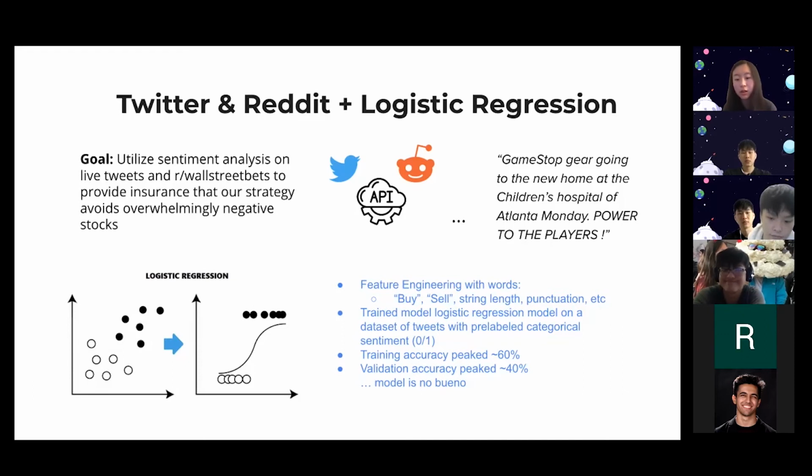We trained a logistic regression model on this using a data set of tweets pre-labeled with either a 0 or a 1, essentially meaning negative or positive. As for how our model ended up going, the training accuracy peaked at around 60% and the validation accuracy peaked at around 40%, so the model wasn't particularly amazing. And so we moved on to this thing called Vader.